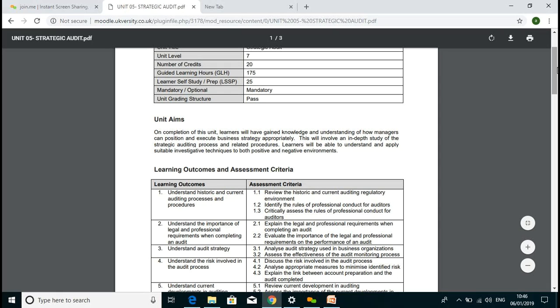We discussed the abbreviation PIPCO: professional competence and due care, professional behavior, C stands for confidentiality. We discussed integrity and objectivity.